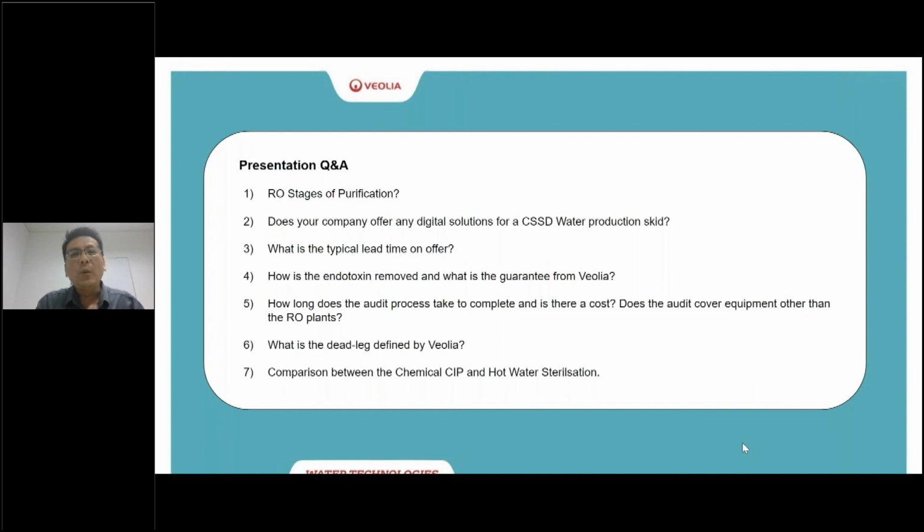All the sequences of operations will be tested at our factory prior to delivery of the system to the customer site. When the system reaches the customer site, after installation, we will commence the site acceptance test as well.